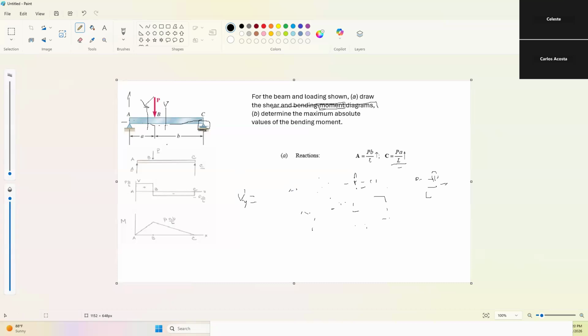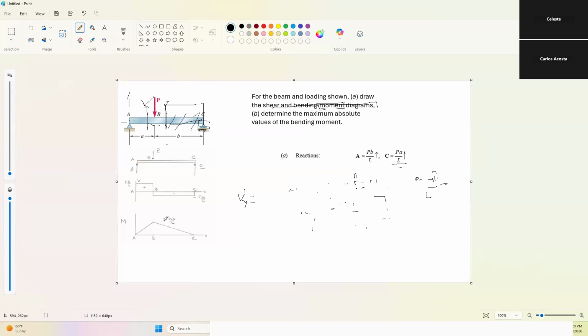Where do we want to do that cut? We can do PA/L or PB/L. So let's start from this point. We're gonna do from here to here, this whole section. So here we have a force V.